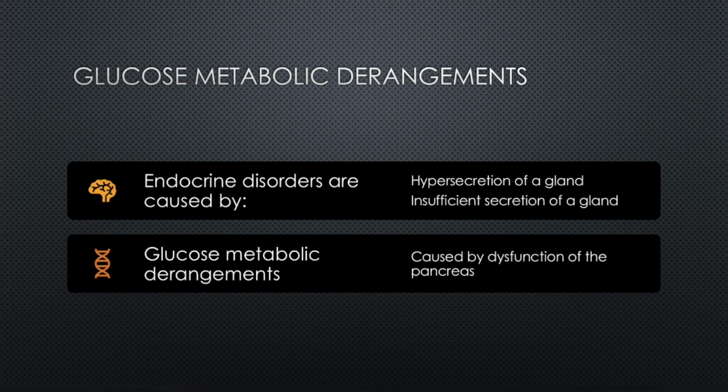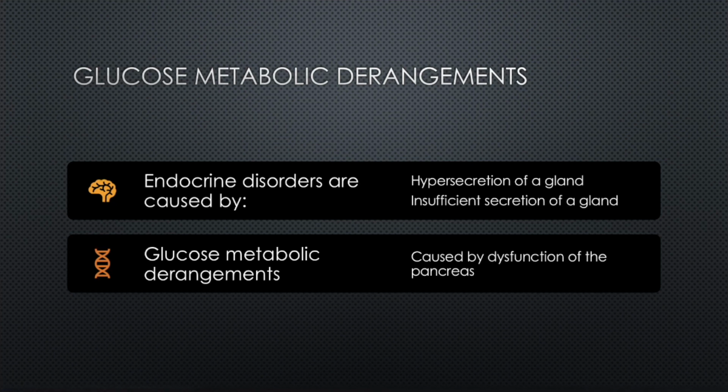Remember, endocrine disorders are caused by either hypersecretion or insufficient secretion of a gland, specifically hormones, right? Hypersecretion represents an overactivity of the organ regulated by the gland, whereas insufficient secretion of a gland presents as underactivity of the organ controlled by that gland.